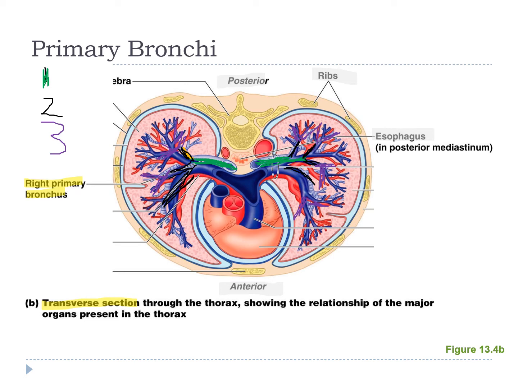We have the trachea, then the first 2 branches off the trachea are the primary bronchi, then the branches that come directly off the primary bronchi are, by definition, called secondary bronchi, and then the branches that come off the secondary bronchi are by definition called tertiary bronchi.